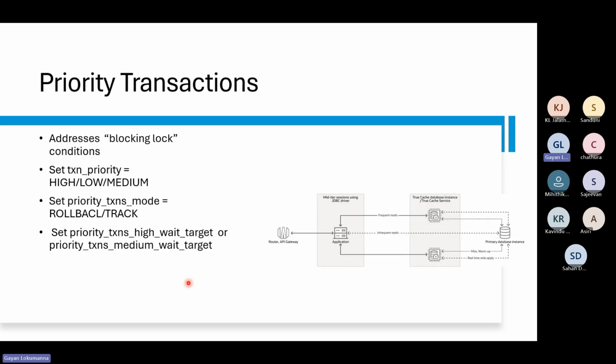Right. And then we have priority transactions as well. Again, this is somewhat similar to what I explained earlier in terms of column reservation. But here what we do is we can set, maybe at a database level, the transaction priority. By default, at the database level, the transaction priority will be set to high, so it will be equally treated, right?